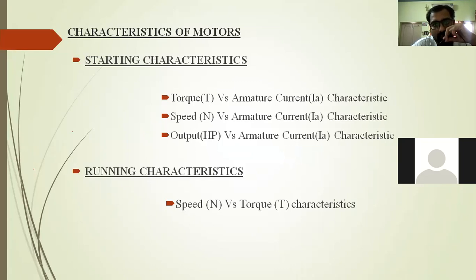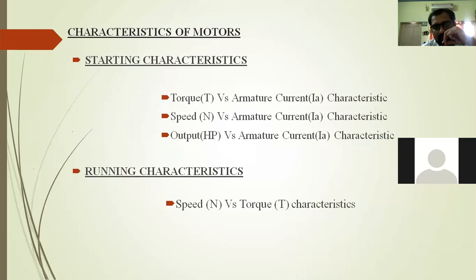So that you understand very easily, I have divided these characteristics, showing what comes under the starting characteristics and running characteristics. Under the starting characteristics, we look at the variations with respect to armature current.